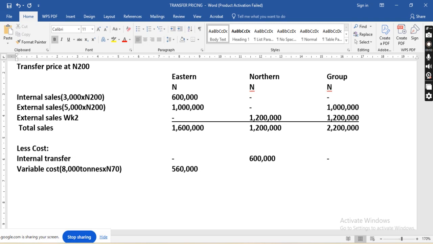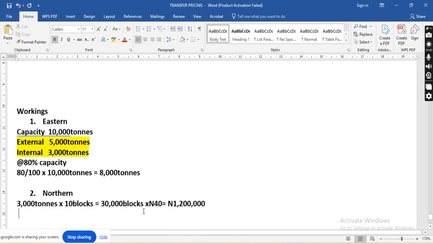So the next one is the variable cost for this. Don't forget, based on the 80% capacity, they have to sell what they get from the Eastern.